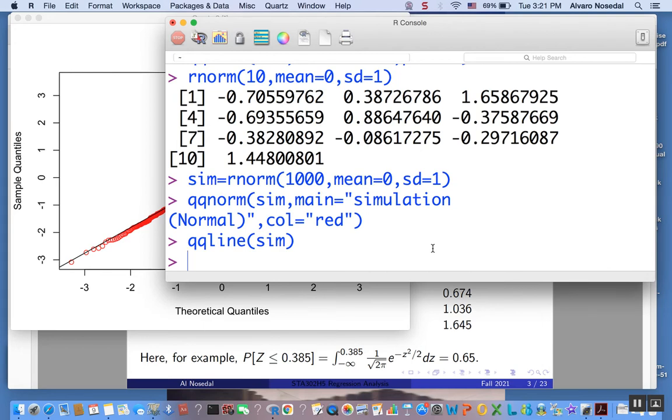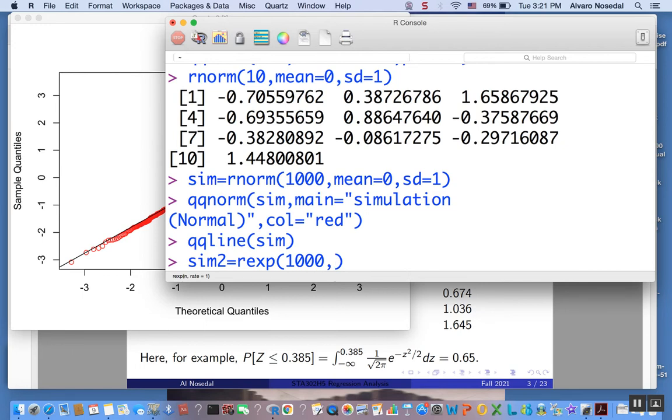Now let's see what happens when that assumption of normality doesn't hold. Instead of generating numbers coming from a normal distribution, let me generate a bunch of numbers coming from an exponential distribution. We know from Statistics 256 that exponential distributions have a single parameter, beta.